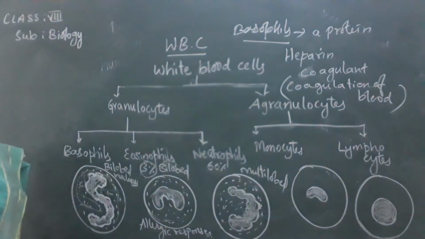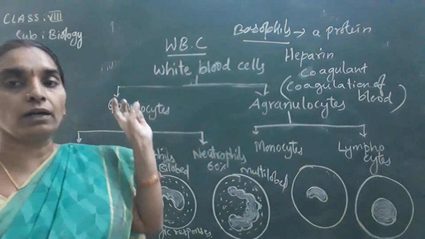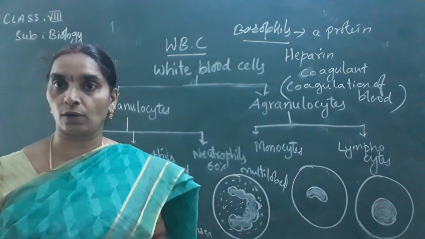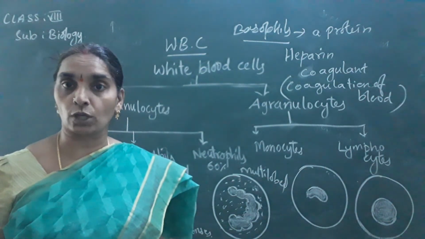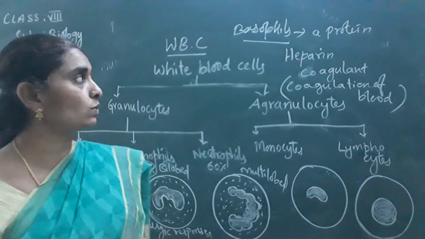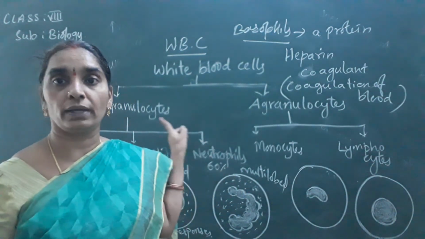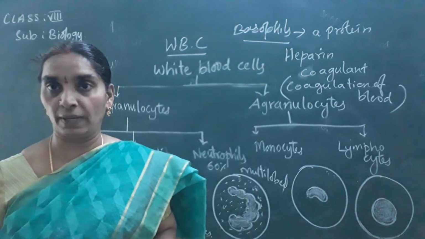Hope you have understood, children. Once again I repeat. The blood cells are of three types: RBC, WBC and thrombocytes. RBC means red blood cells or red blood corpuscles, also called erythrocytes. White blood cells are called leukocytes or white blood corpuscles, and thrombocytes are blood platelets.